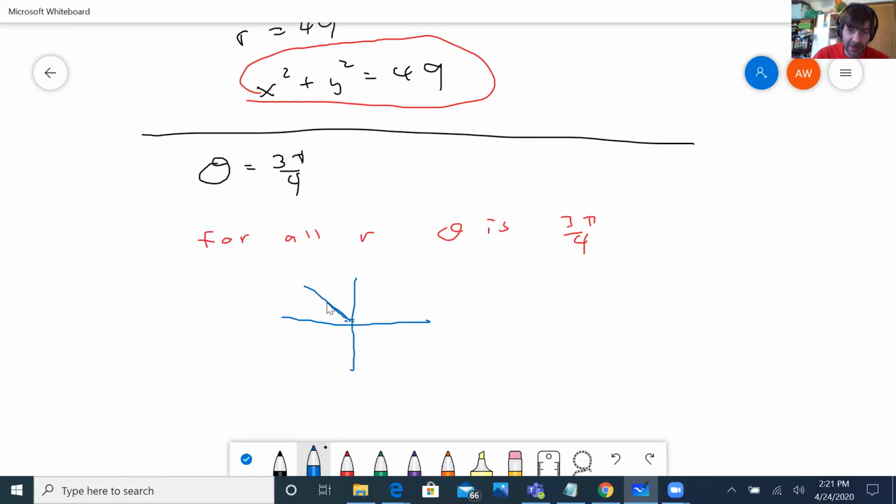And it's going to continue infinitely out in that direction. Those are all the positive r's, and back here are all the negative r's.